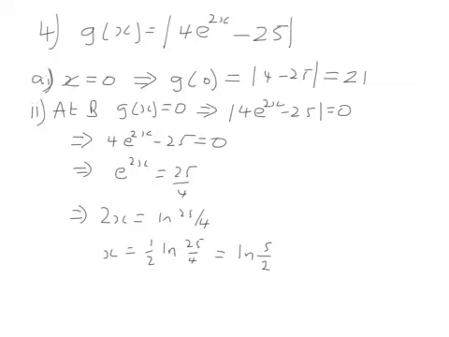Now in part B we're looking at the equation g of x equals 2x plus 43. In other words, mod 4e to the 2x minus 25 equals 2x plus 43. So this is the graph of mod 4e to the 2x minus 25.